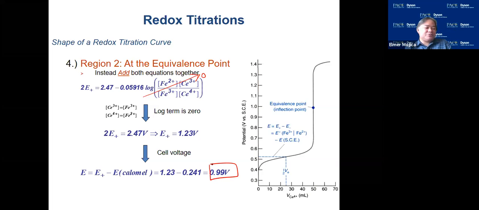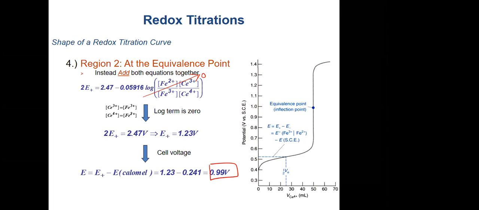So I asked those who did the experiment, what's the voltage that you got when you reached the equivalence point? The 4 students who did the experiment. Is that close to that? No, it was really, really high.